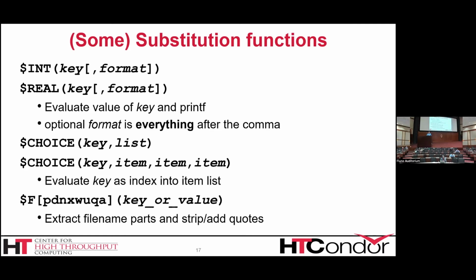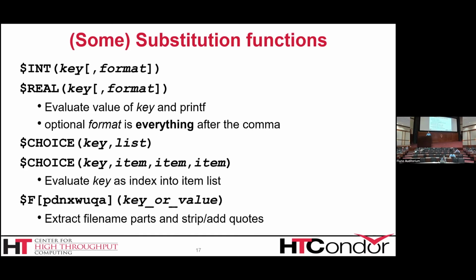And then the last one, my personal favorite, $F, which is: take this thing, pretend it's a file name, and do file name chopping on it. So FP says print the path part. FD says print the directory part. X is the file extension, and so on and so forth.